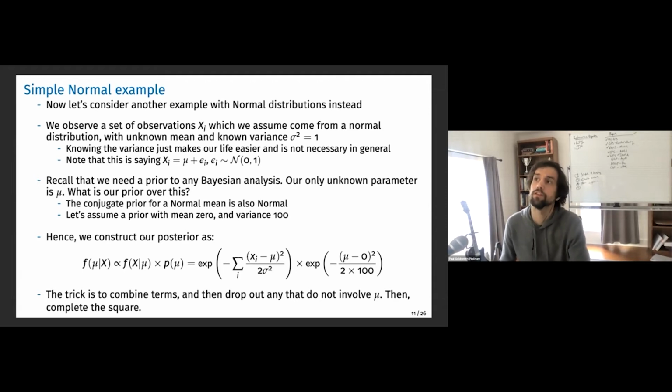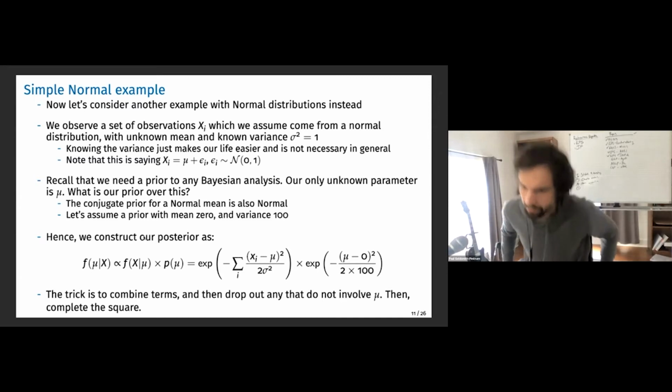So let's consider another example where we think about normal distributions instead. You can say we have a set of observations xi, which we assume come from a normal distribution with an unknown mean and known variance sigma squared equals 1. Knowing the variance is just here to make it so that I can do this on the slides without making the math really complicated.